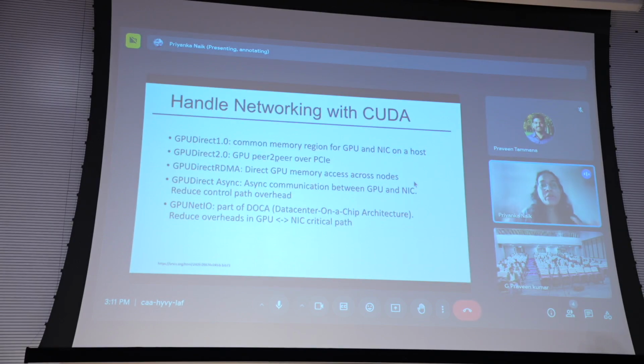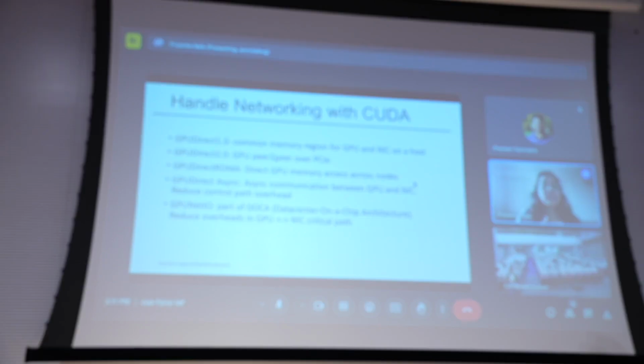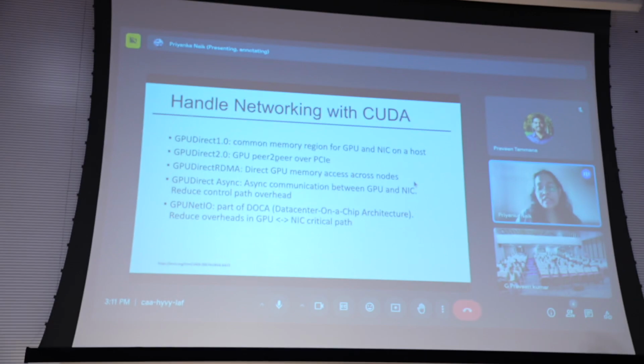So async communication between the GPU and the NIC was introduced to reduce the control path overheads. The last is something introduced as part of the data center on chip architecture, where you reduce the overheads of communication between the GPU and NIC of your device, so that faster communication can happen across GPUs, across multiple nodes.